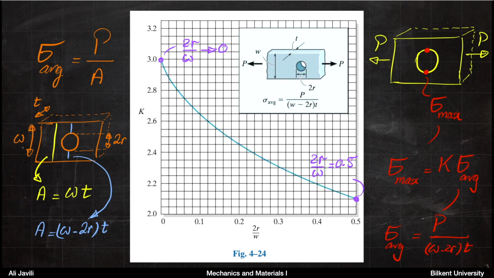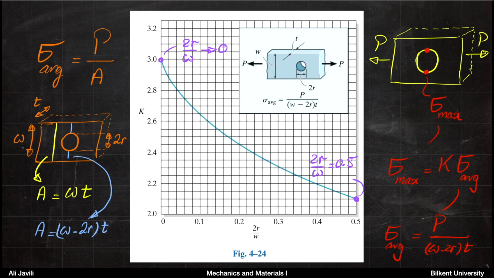Now, an example of a stress concentration factor table or graph is this. So for instance, if you have a plate with a hole like we just discussed, you can see that the cross-sectional area here is W times T. So W being, in this case, the height or the width of the sample, T is the thickness.